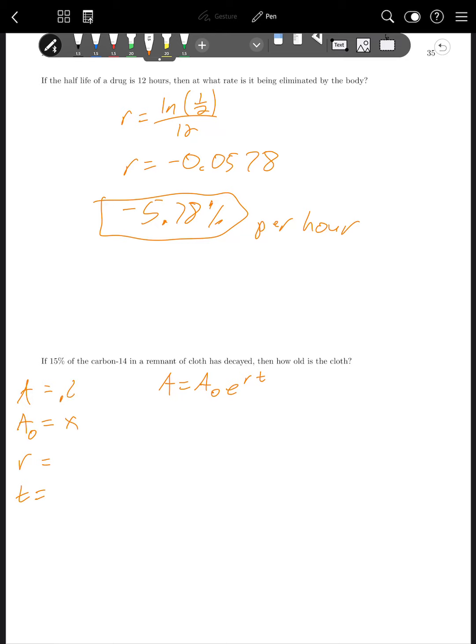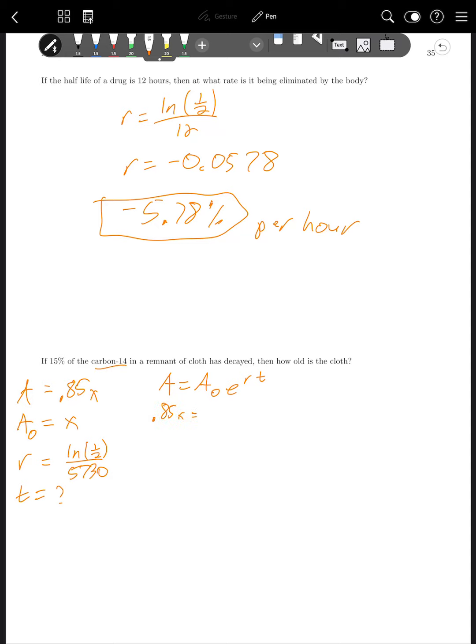Well, 85%. So that would be 0.85x. The rate is the natural log of 1/2 over 5,730. That's on the previous page. Half-lives are constant, so we can use the same one as we did for the previous problem about carbon-14, and then we just plug in all this information.